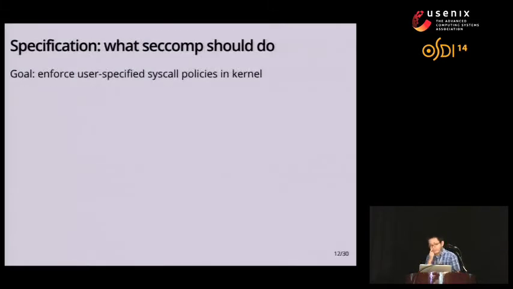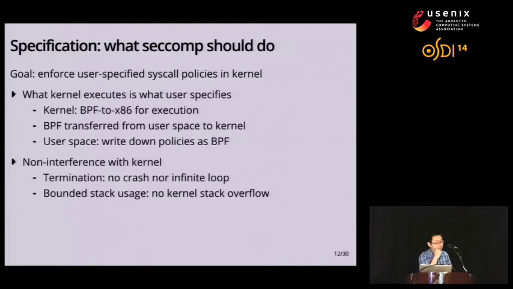So now let's take a step back and think about what the specification is here, like what a correct Seccomp should do. The high-level goal is to enforce user-specified syscall policies in the kernel. So what does that mean? Let me break it down for you. First, it means what the kernel executes should be what the user specifies.